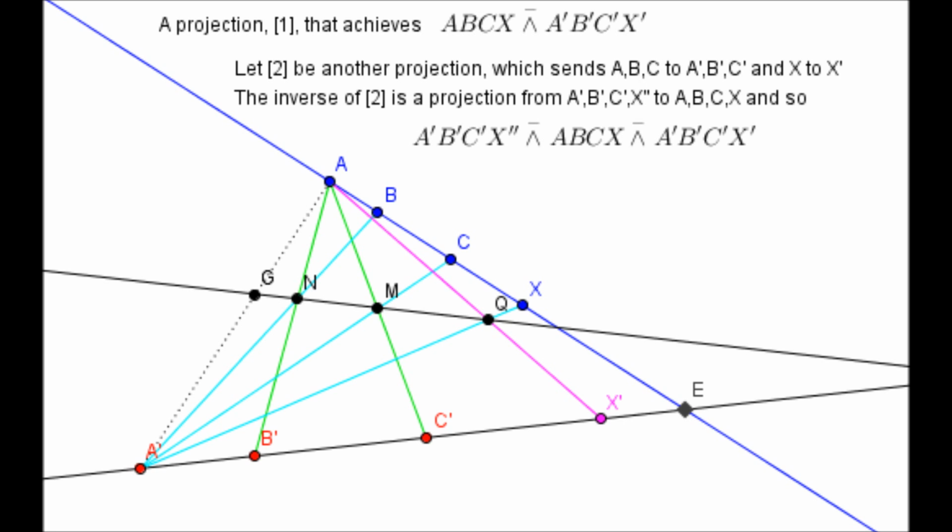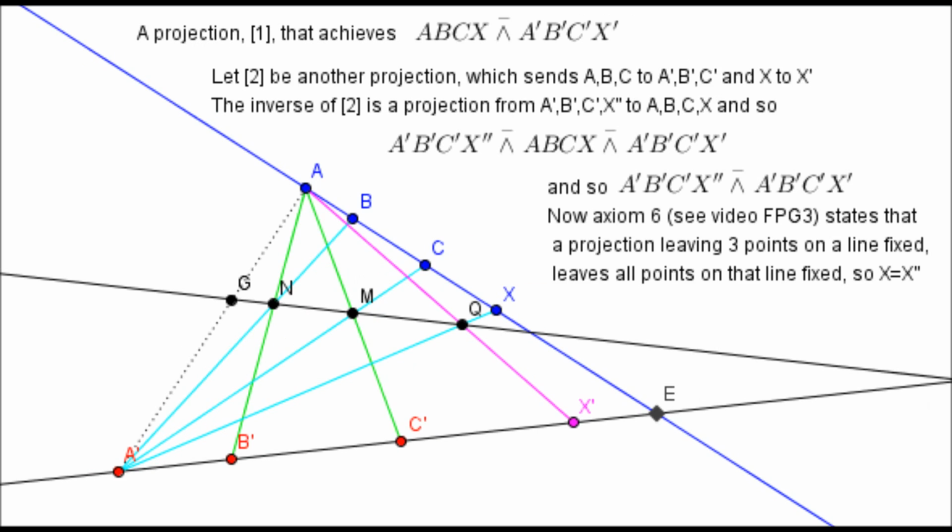And so we can take the inverse of the second projection, which sends us from A' B' C' X'' to A B C X, and then we can afterwards perform the first projection that sends us from A B C X to A' B' C' X', and the composition of two projections is another projection.